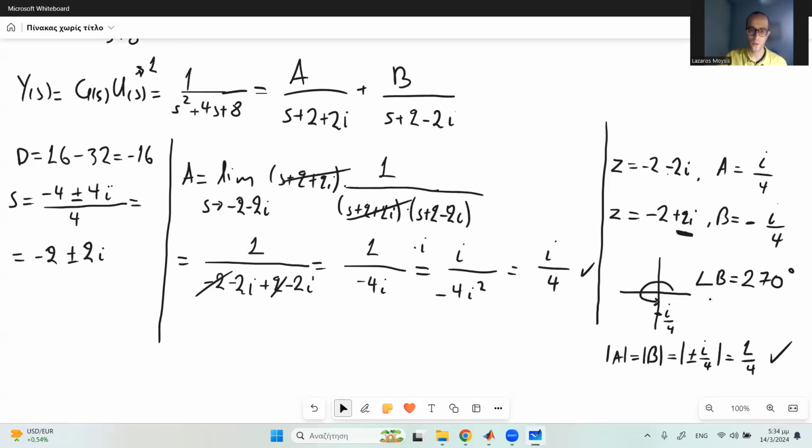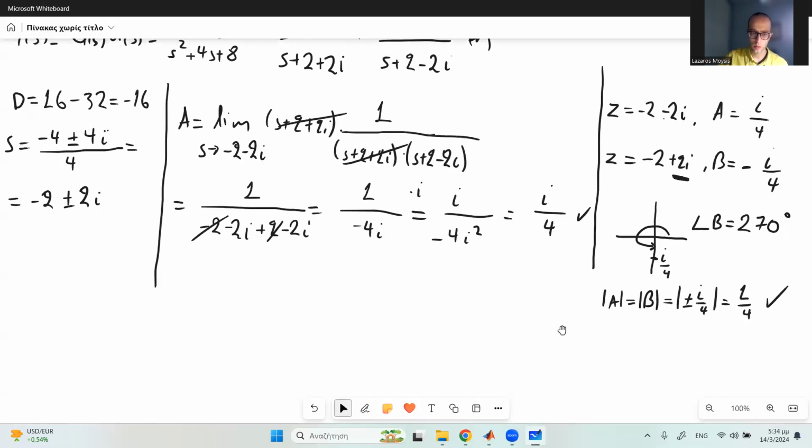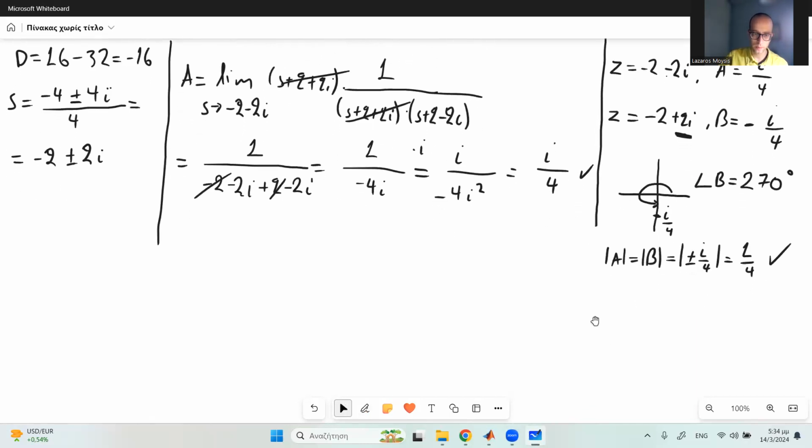So let's write down our solution finally. Let's put an asterisk here. And the solution gets computed this way. And I'm going to go down a little bit more. Okay.